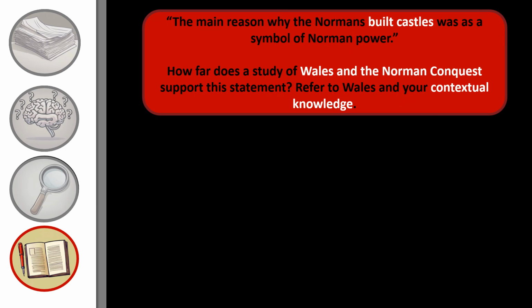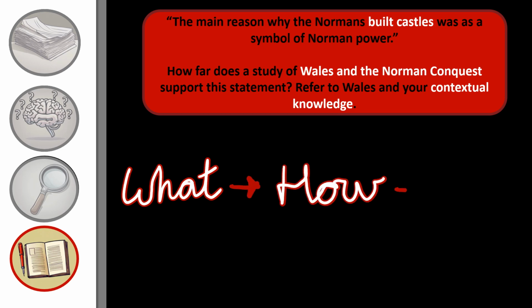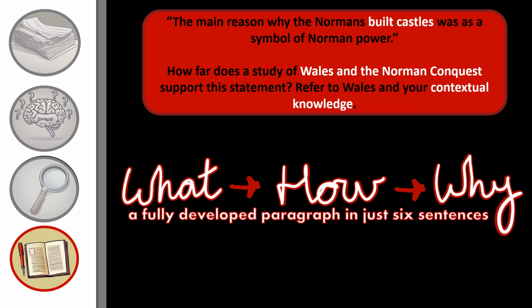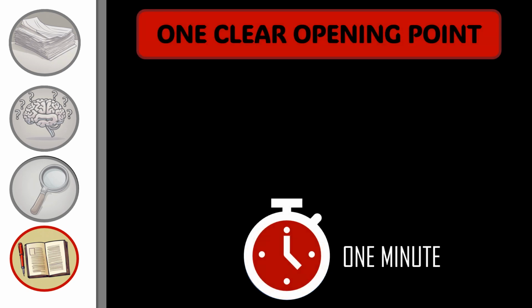I am now going to model for you how I use the what, how, why model to write a fully developed and evaluative paragraph in only 6 sentences. This part of the model is to write one clear opening point.